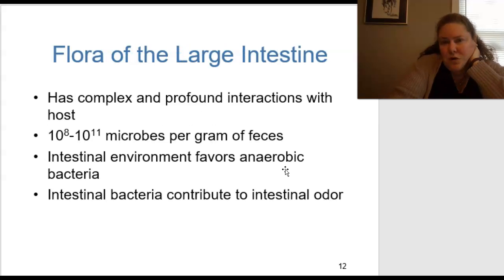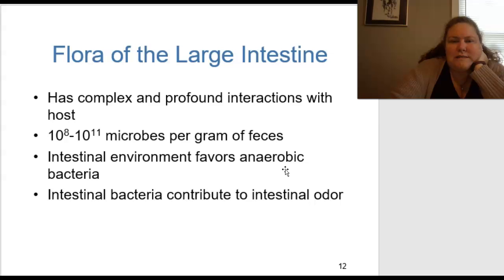What about moving on to our large intestine? Well, this has complex and profound interactions with the host, okay? We also have a very high microbial load. So it's 10 to the 8th to 10 to the 11th microbes per gram of fecal material or poop, okay? The intestinal environment favors anaerobic bacteria. Ain't no oxygen getting up there, guys.